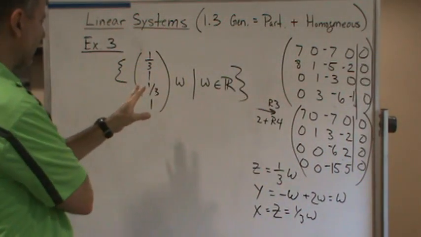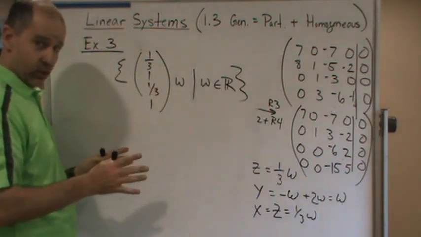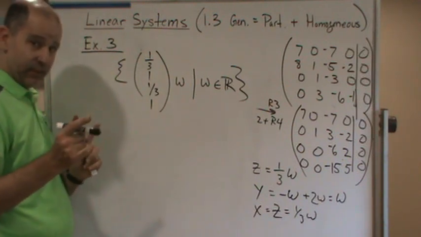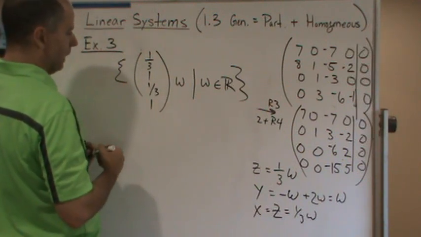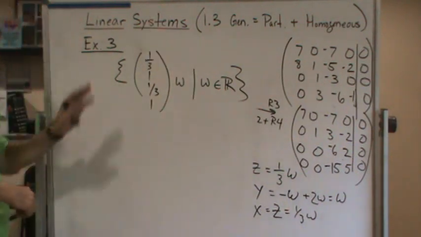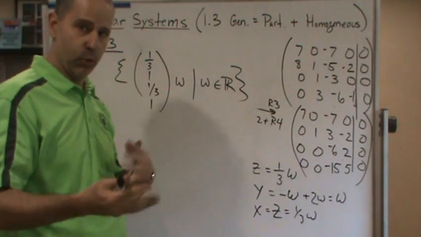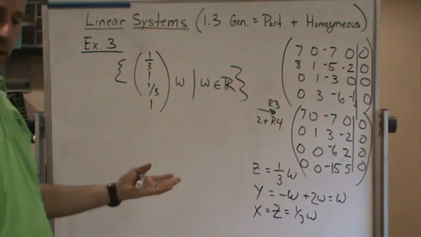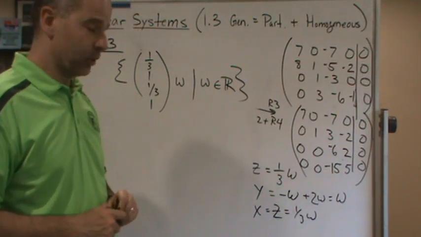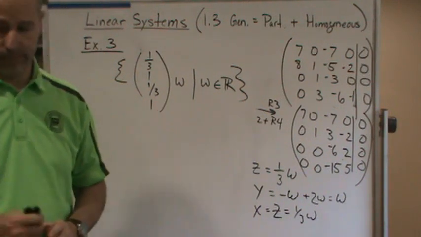So this will only make sense in this context if W is some positive multiple of 3. Because then all of these numbers will give us actual whole numbers of molecules, which are the proportions when we mix the chemicals. But other than that, that's it.